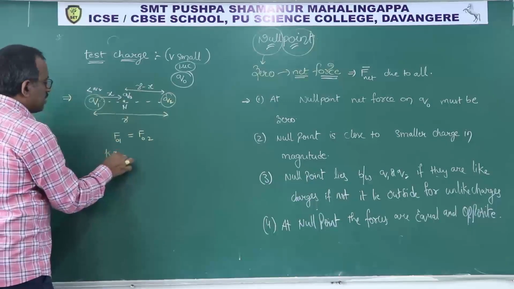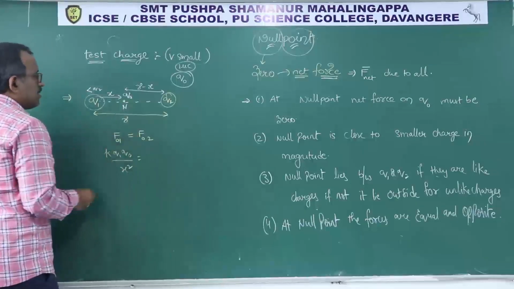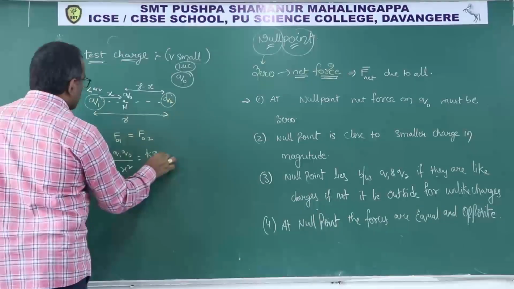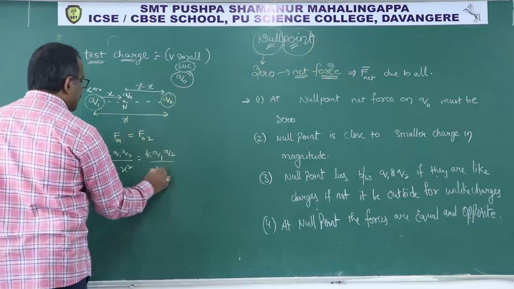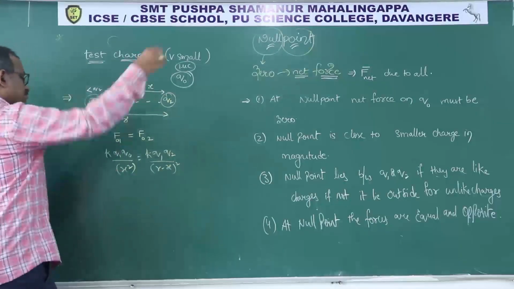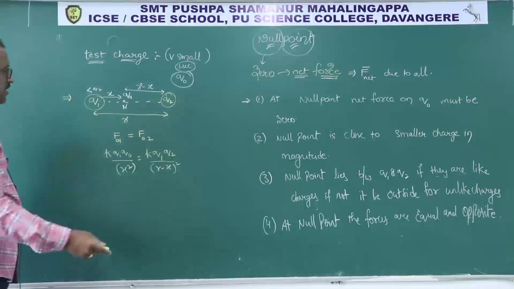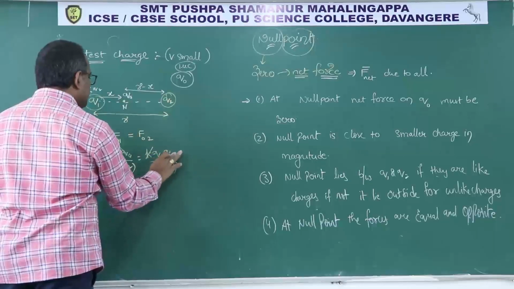K Q1 Q naught by X square. F02 is K Q2 Q naught by R minus X square. Clear? So done. K cancels, Q naught cancels.